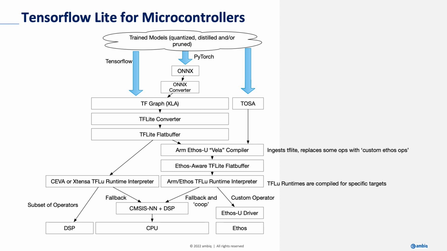If you happen to have a U55, which is an NPU from ARM, then you use a compiler which looks at your model and says, okay, this is the optimal way to lay out your model using our hardware. And every NPU vendor has something similar to that. So it gets complicated, I guess is the point I was trying to make.